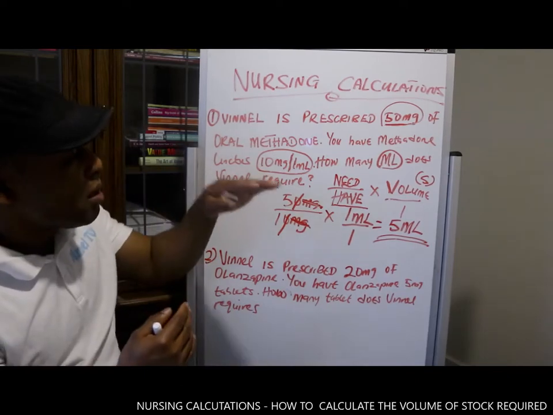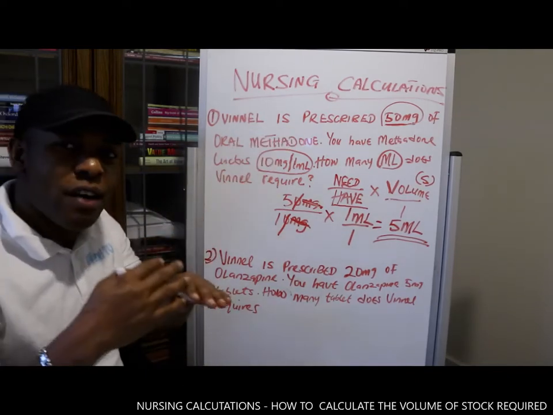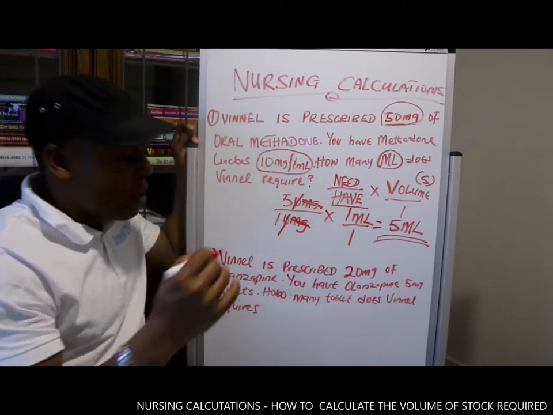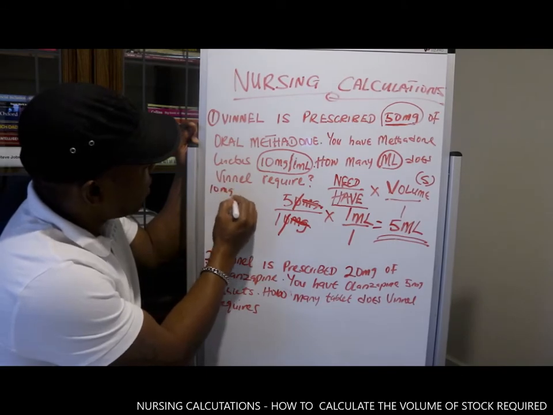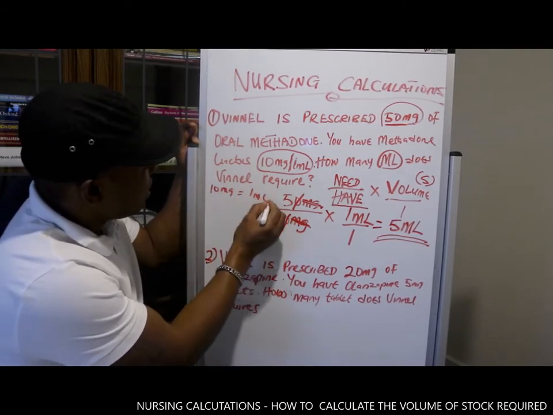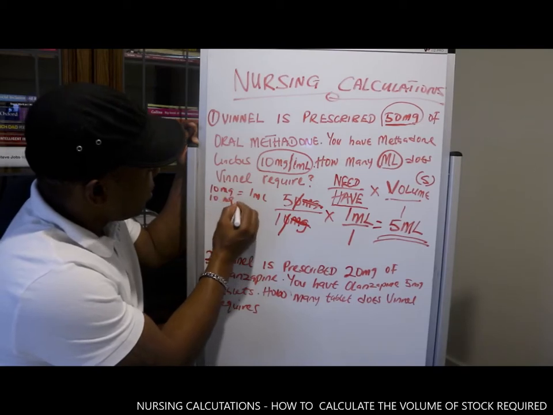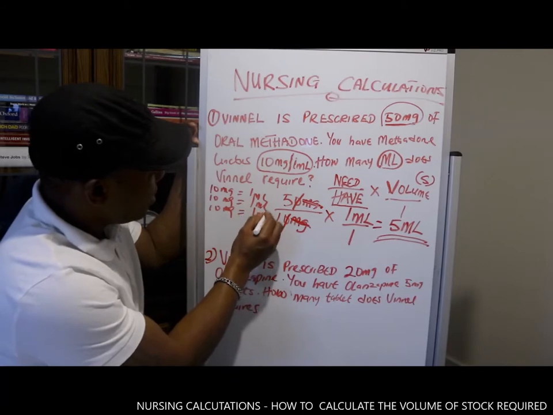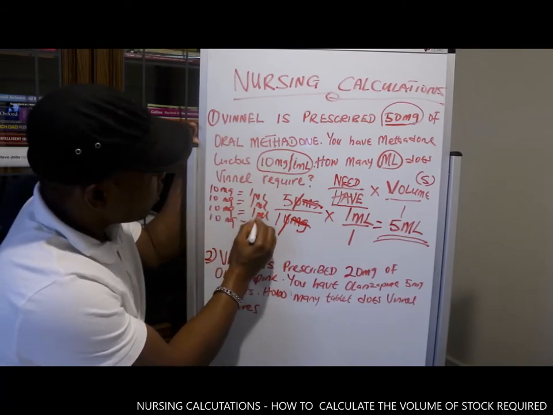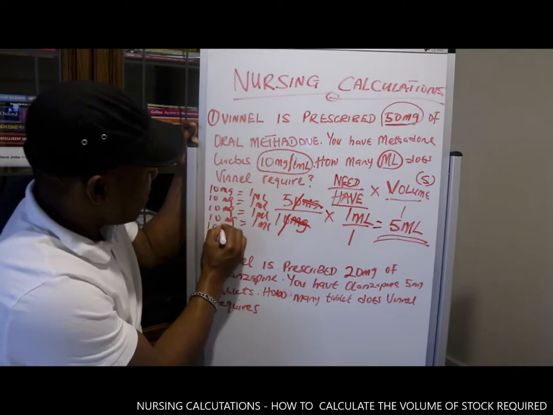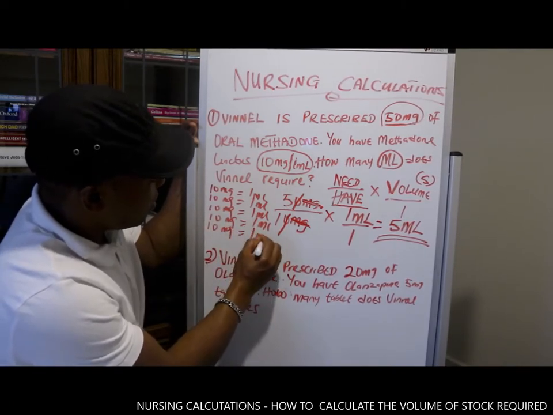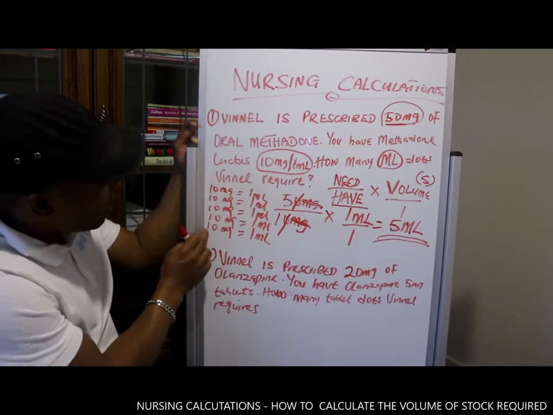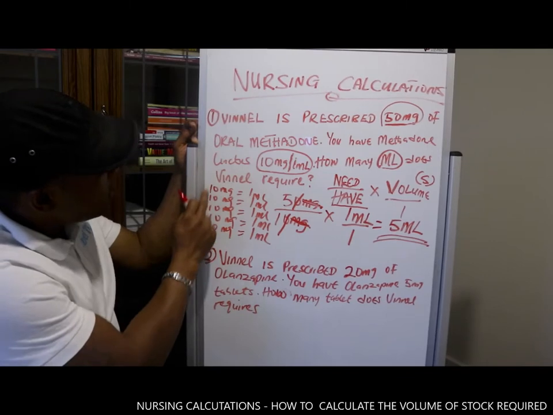Then you calculate the volume: 10 milligrams equals 1 ml, each time. Then you check 1, 2, 3, 4, 5, which is 50: 10, 20, 30, 40, 50.